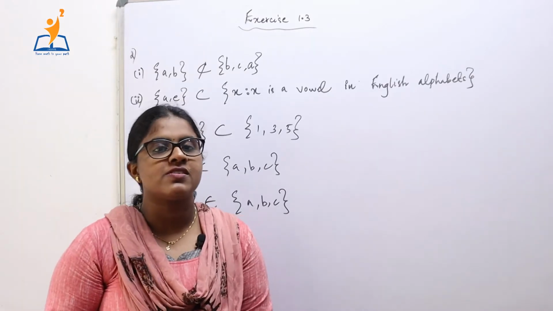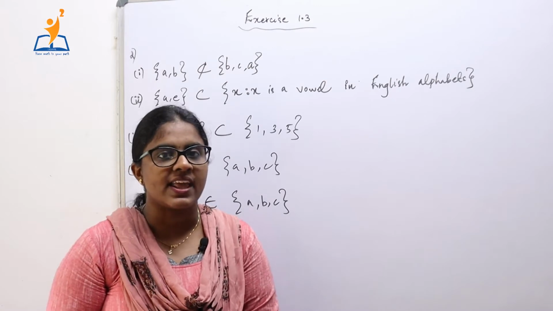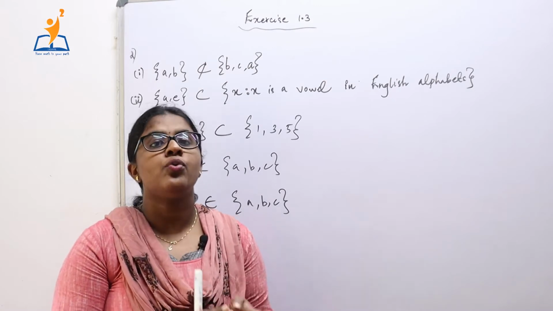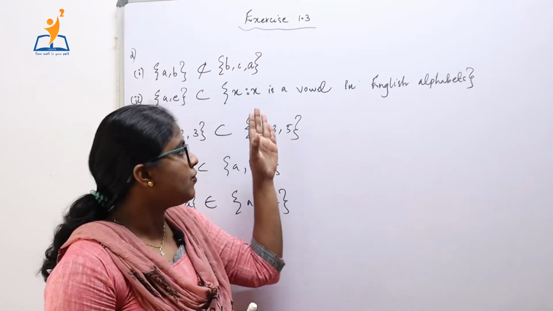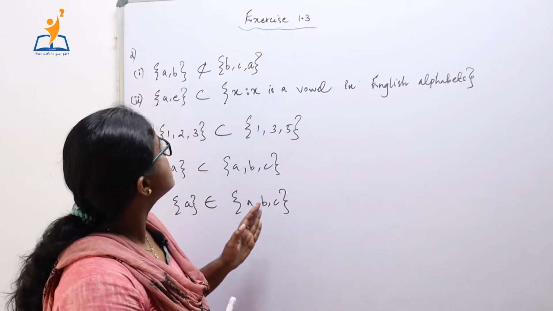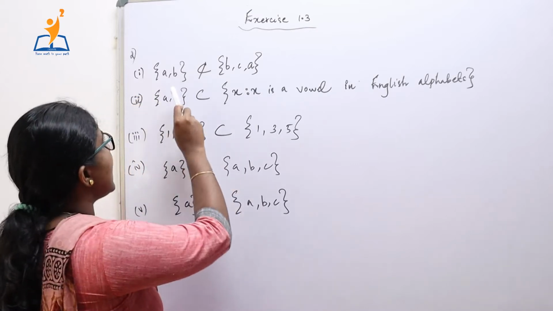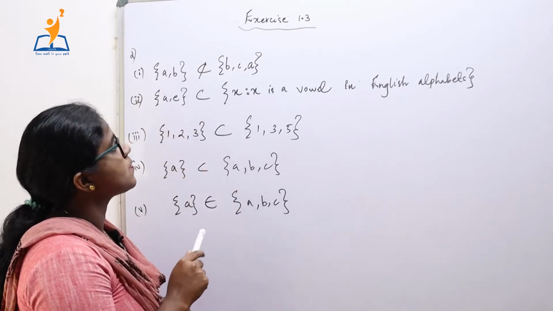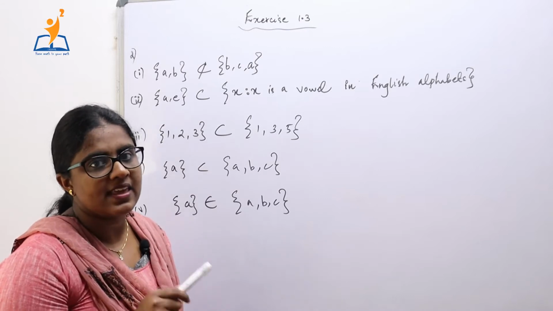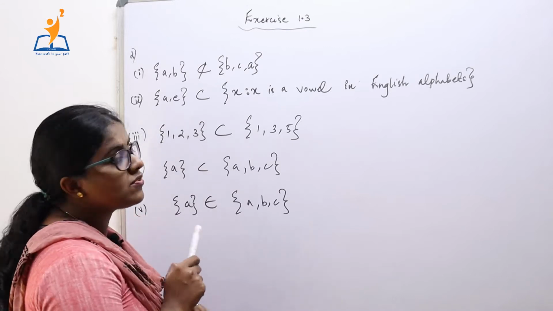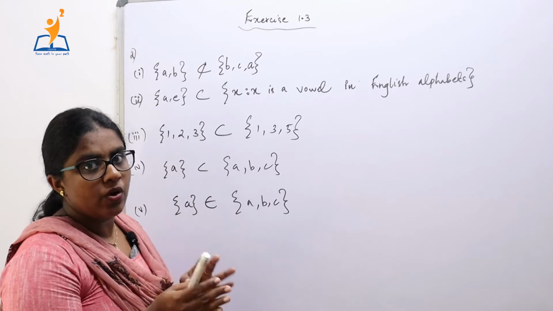The second question of exercise 1.3 is to make true or false statements for the following. So here it is given that the first statement is set AB is not a subset of set BCA. So we have to check whether this is true or false.